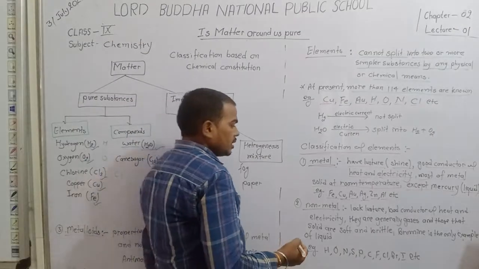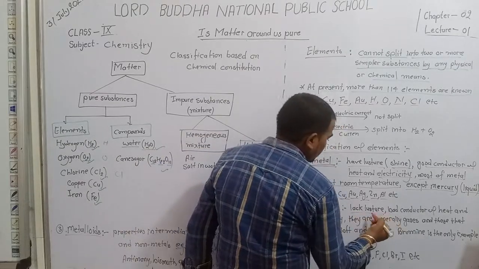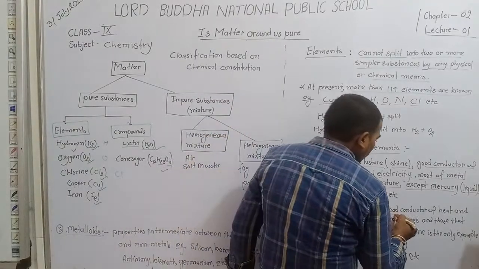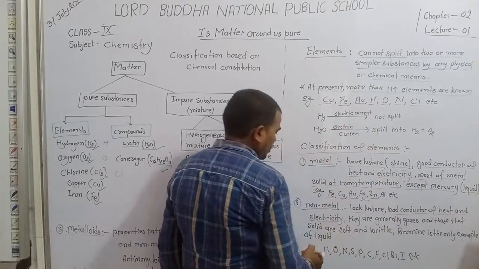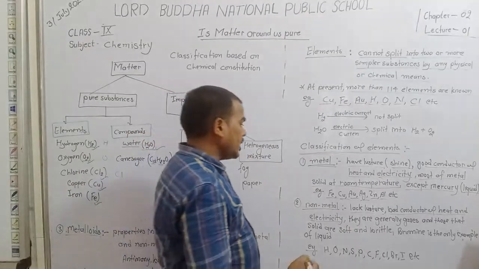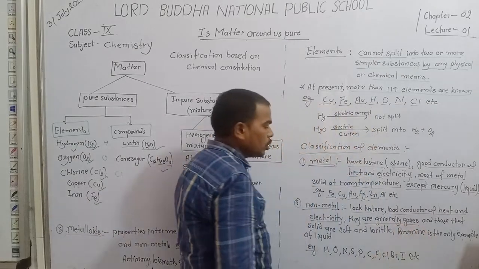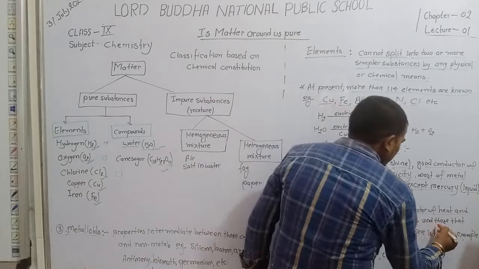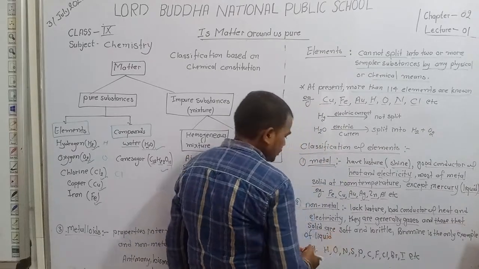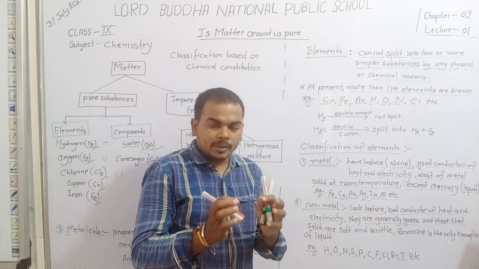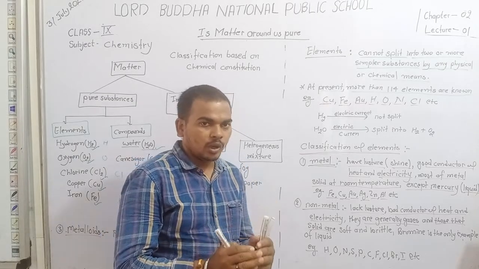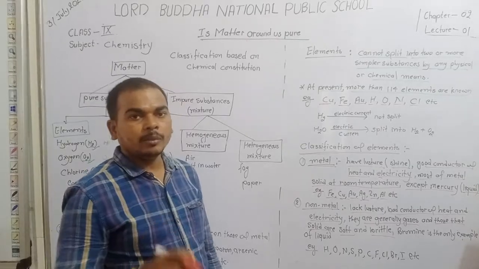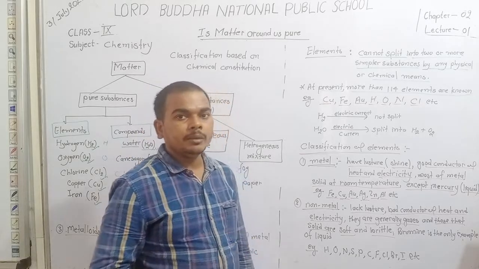Now discuss non-metals. Non-metals lack luster, meaning they do not shine. They are bad conductors of heat and electricity. They are generally gases. Most non-metals occur in the form of gas, but some non-metals occur in the form of solid, and those are soft and brittle.